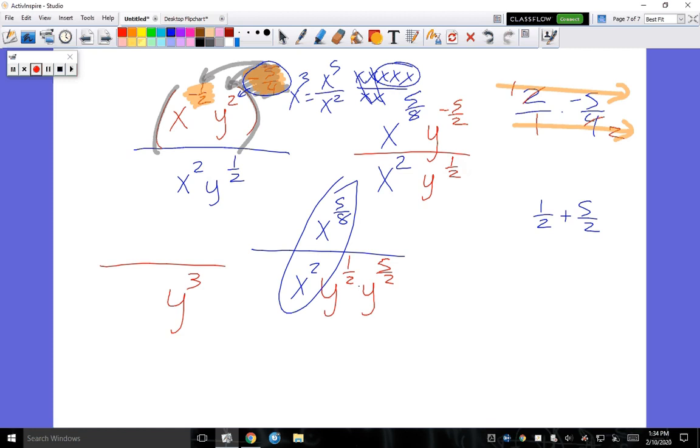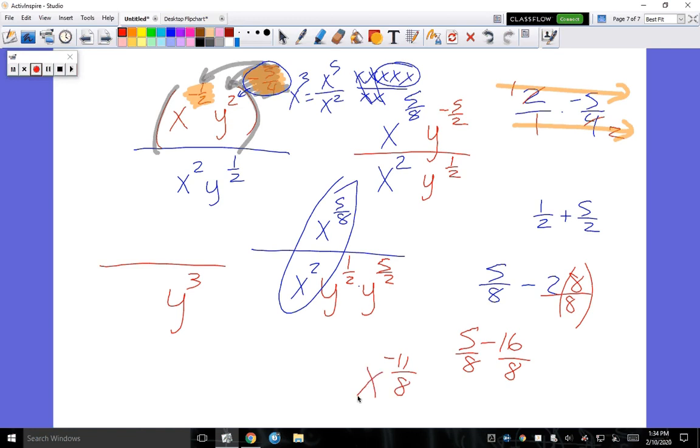Subtract. So 5/8 minus 2 is the same as, multiplied by a form of 1, 16/8. And what would I get there? Negative 11/8, so it's x to the power of negative 11/8.